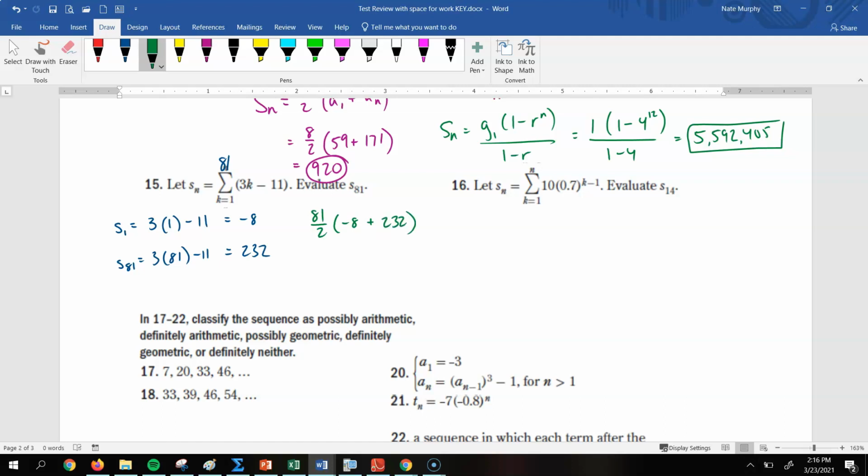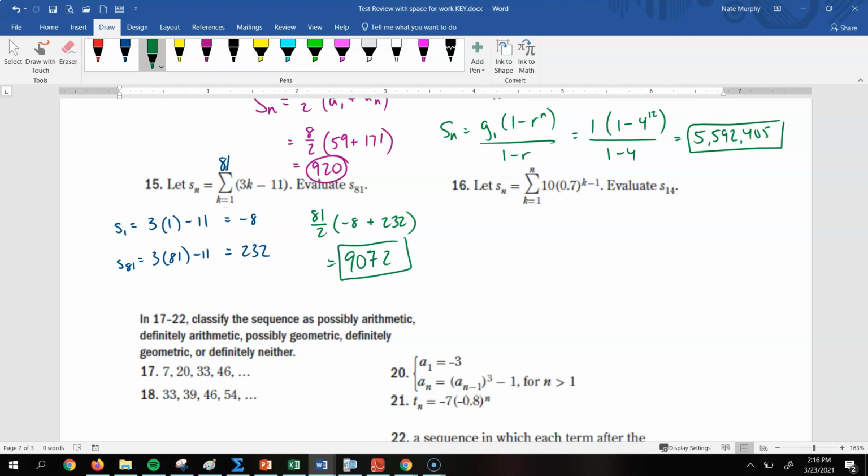And when you do that for number 15, you end up getting 9,072. That's a 7. 9,072 is your answer. There we go. For number 15.